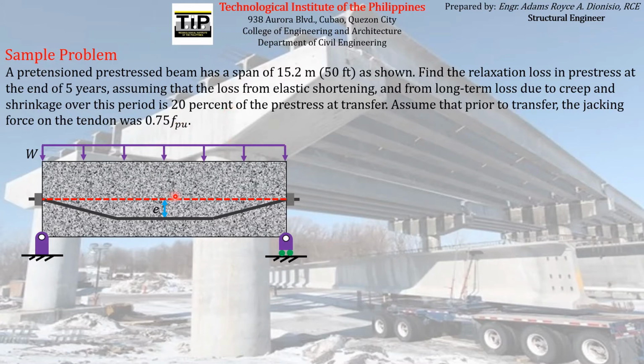So again, the pre-tension beam will obviously undergo several losses in pre-stress due to several reasons like elastic shortening, creep and shrinkage.